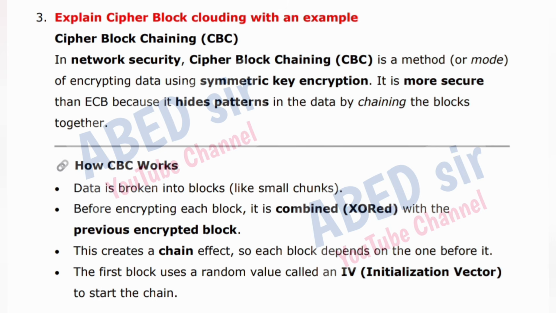Data is broken into blocks like small chunks. Before encrypting each block, it is combined, XORed, with the previous encrypted block. This creates a chain effect, so each block depends on the one before it. The first block uses a random value called an initialization vector, IV, to start the chain.